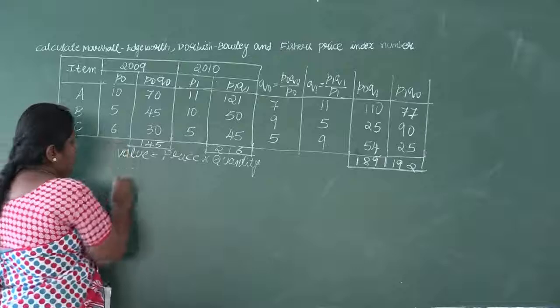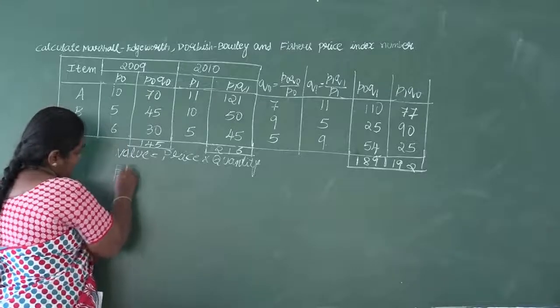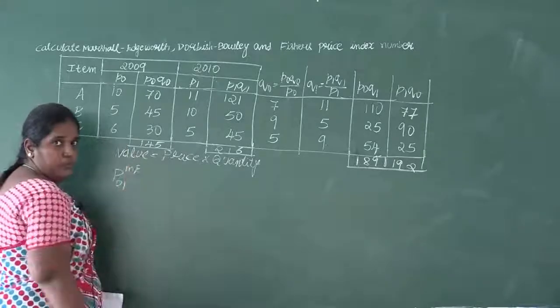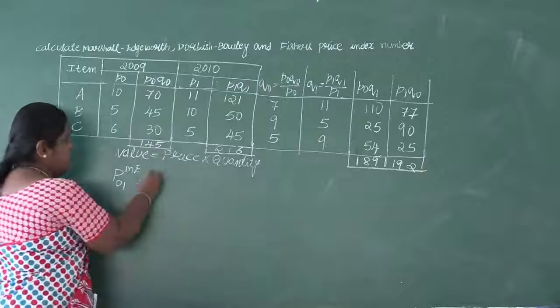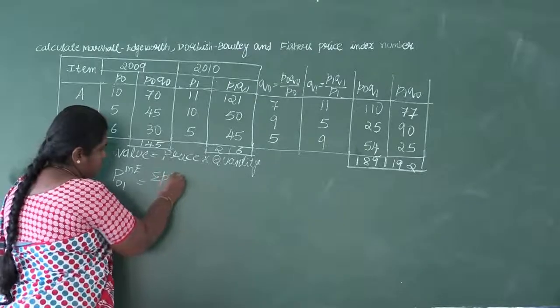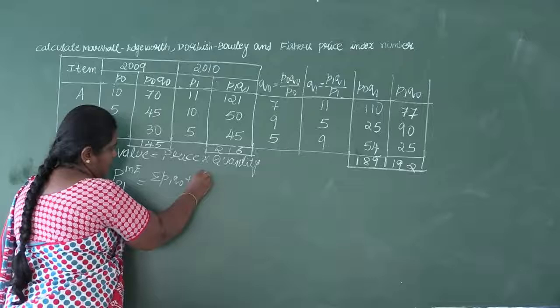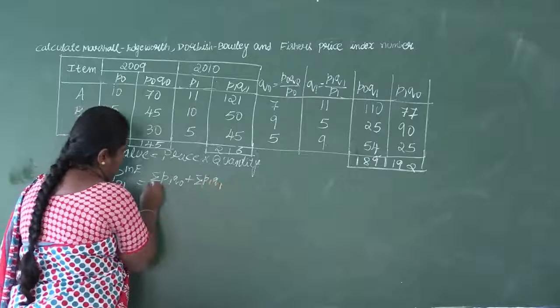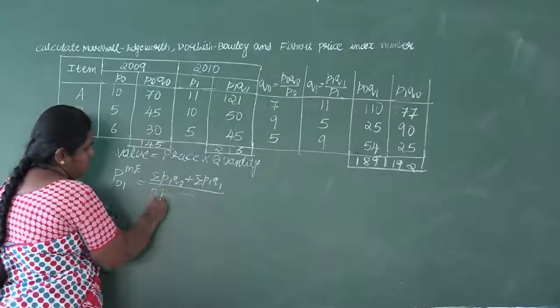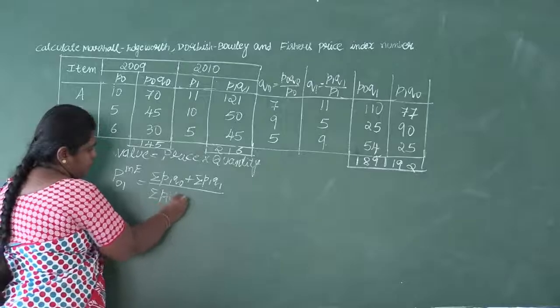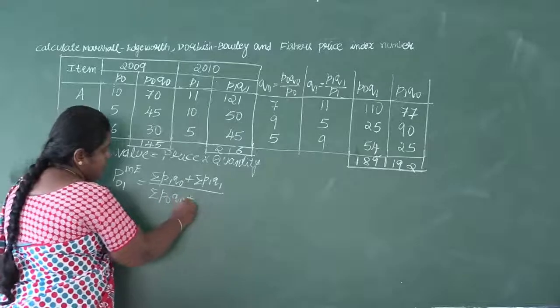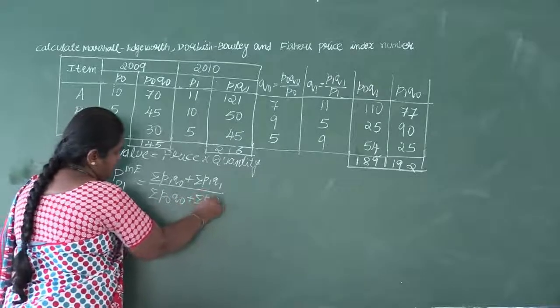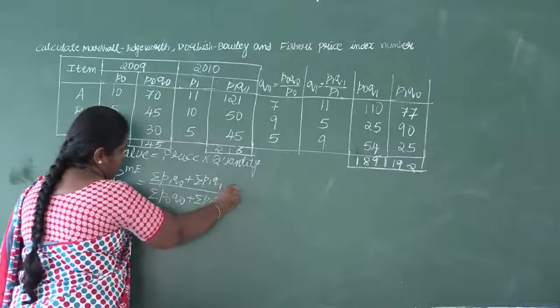Then first, to begin with, we'll start with P01ME, that is Marshall-Edgeworth price index number. It is sigma P1 Q0 plus sigma P1 Q1 divided by sigma P0 Q0 plus sigma P0 Q1 into 100.